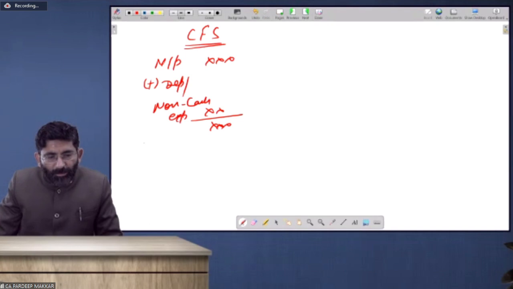Whatever is there, then you have to add back the increase in current liabilities, sorry, remember? Increase in current liabilities or decrease in current assets.